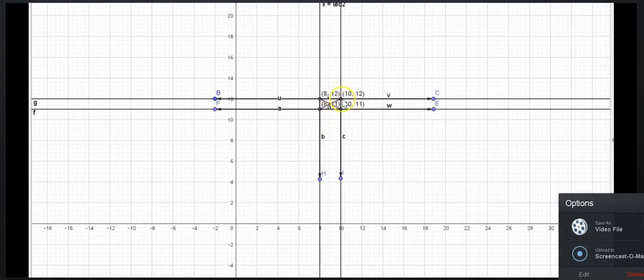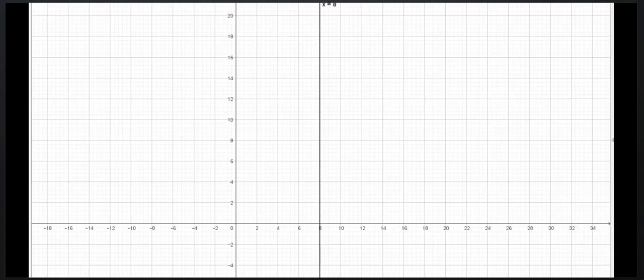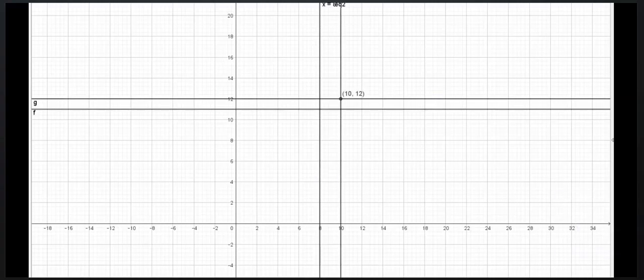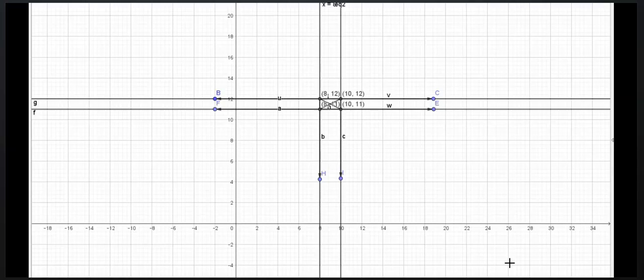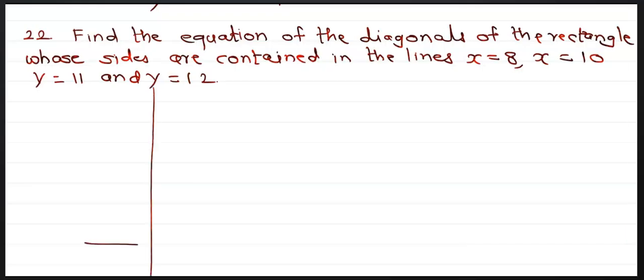We can form the equation of the diagonals. Now see this here. I am showing these points again by using the help of GeoGebra.